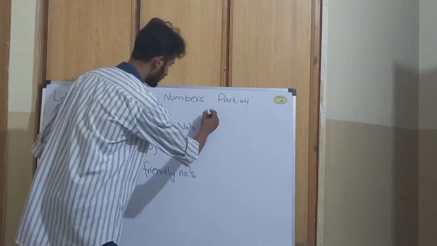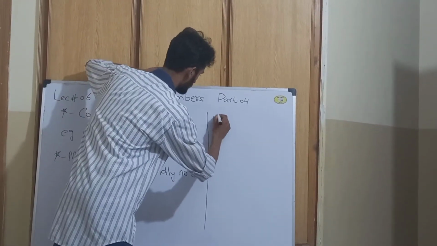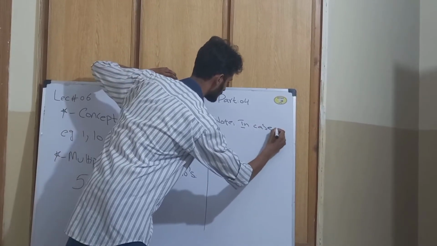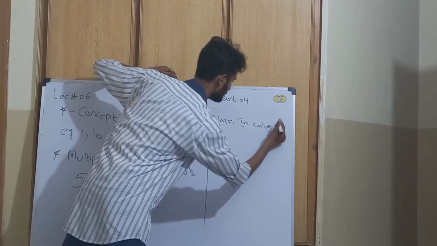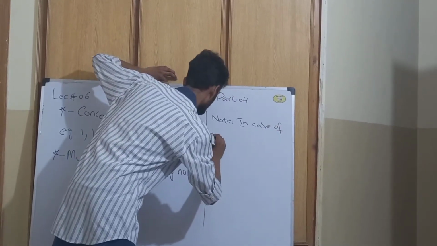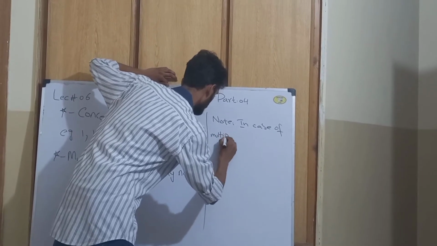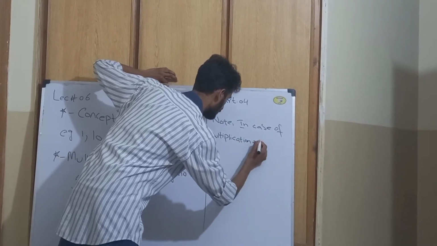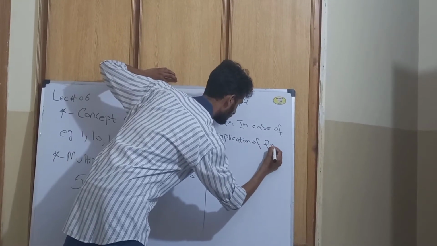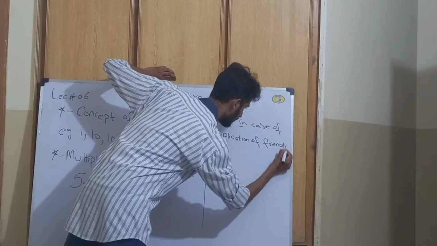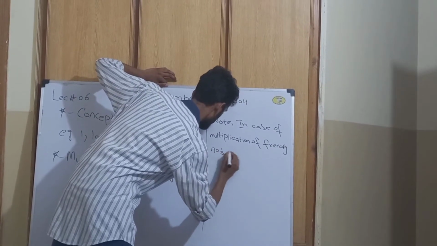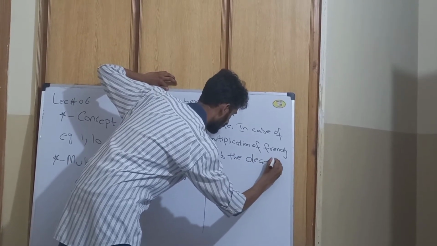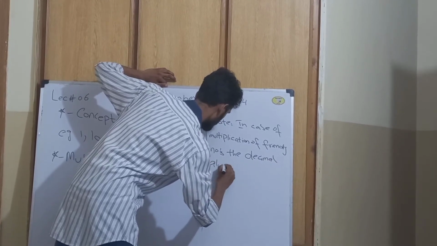Here we should include a note. The note is, in case of multiplication of friendly numbers, the decimal always moves towards the right side.